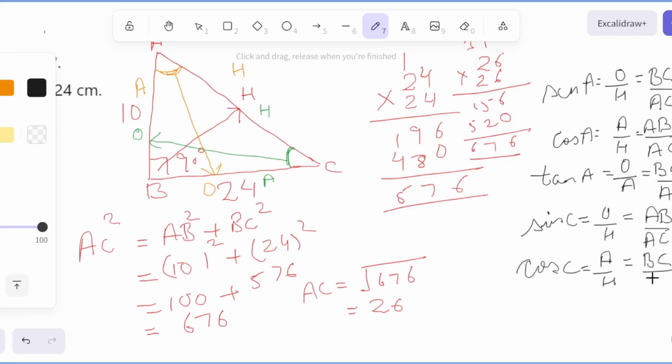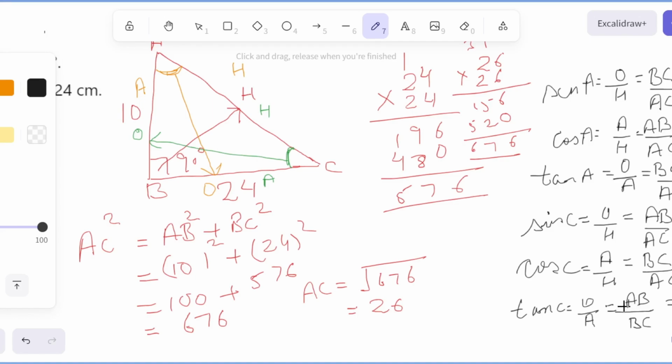So BC upon AC, which is 24 upon 26. Tan C, opposite upon adjacent: for C, opposite is AB upon BC, the adjacent side. So this will come out to be 10 upon 24.